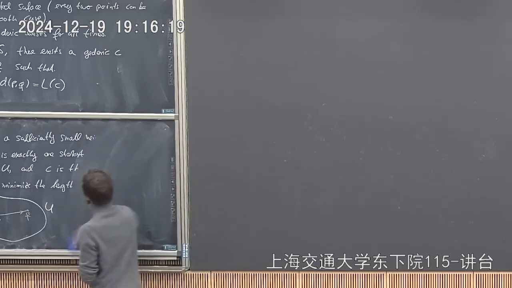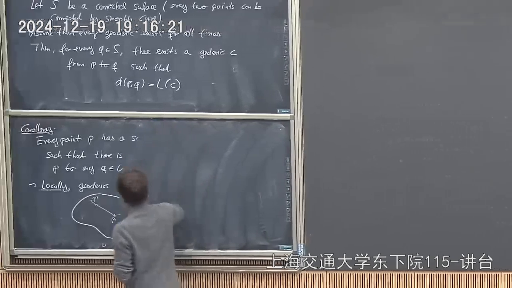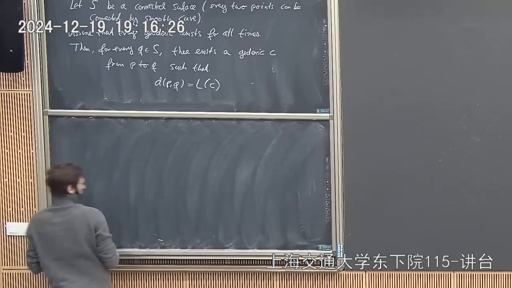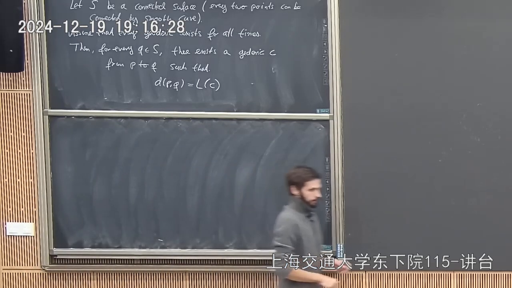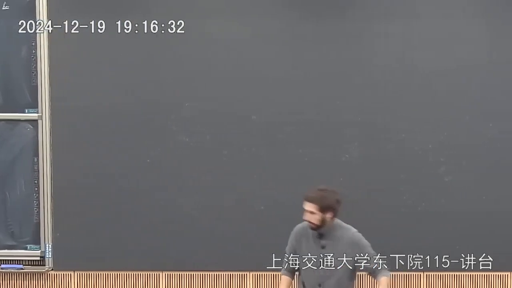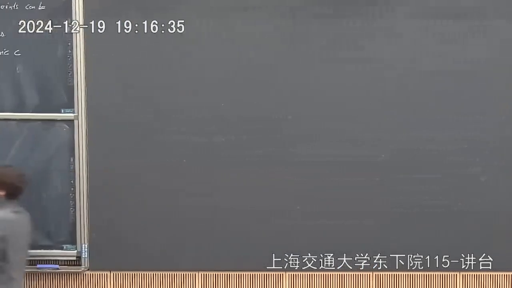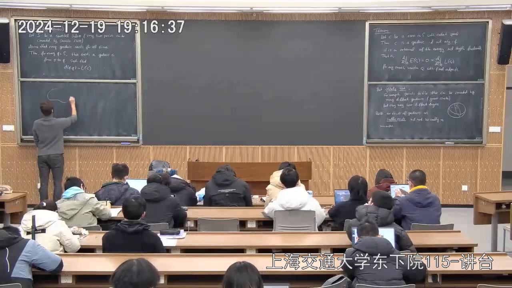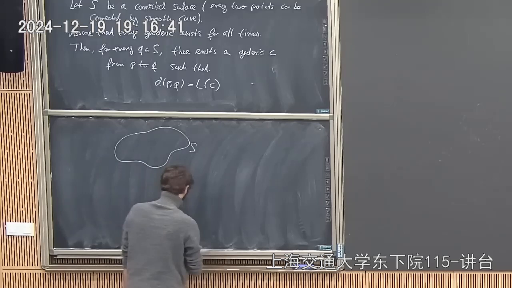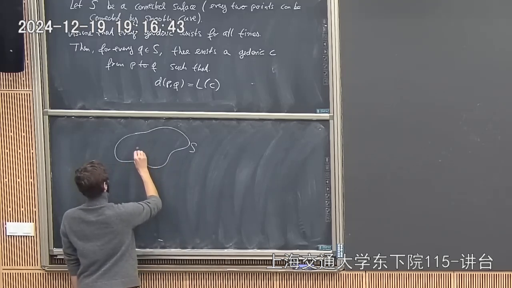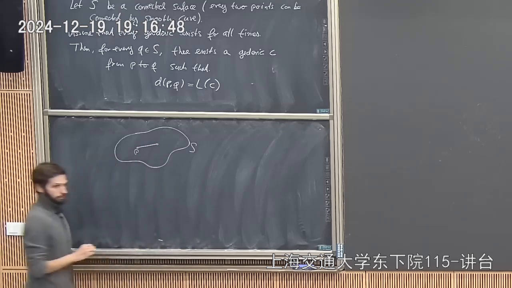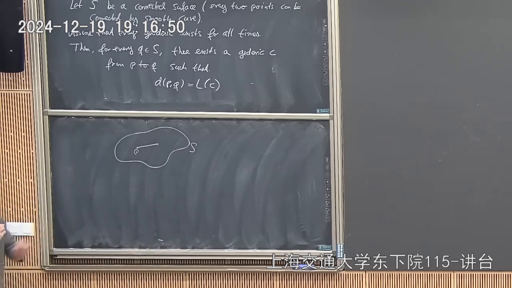And a comment about this existence problem. For example, take some part of the plane. So if our surface would be this, and we choose some point P in that direction, then we know that the geodesics are just straight lines in this direction.